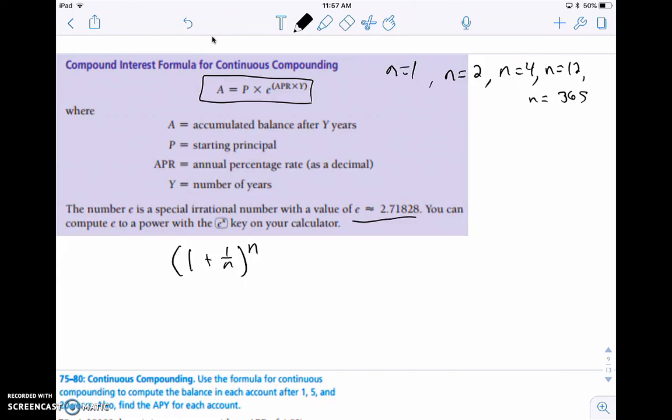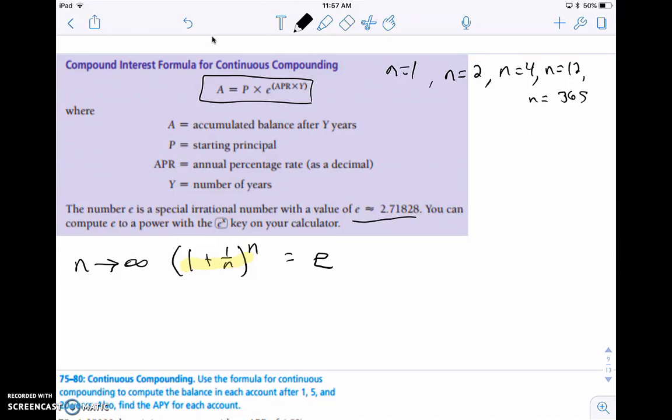And what happens is as the number of times you compound, or as n gets really big, so we say as n approaches infinity is the way we would mathematically say that, then this concept right here, 1 plus 1 over n raised to the nth power, which is an underlying structure that we have in compound interest, approaches this number E, which is called Euler's number.